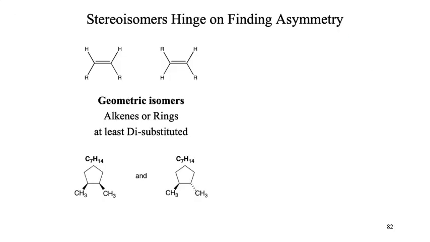Okay. So, stereocenters hinge on finding asymmetry in that molecule. Sometimes that asymmetry is easier to find than others. With our cis-trans, we get an asymmetry because they're non-superimposable. They're aimed in different directions, right? And that can help if we color code sometimes. We can see the R's are on the same side versus opposite sides of that double bond.